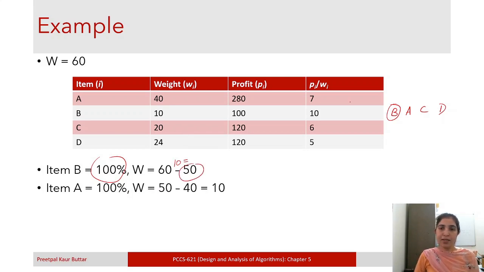The profit which we will get, because we are picking 100%, is 100, the profit of item B.